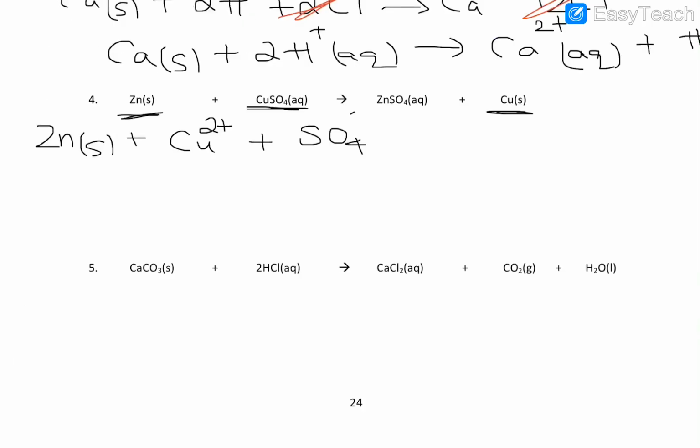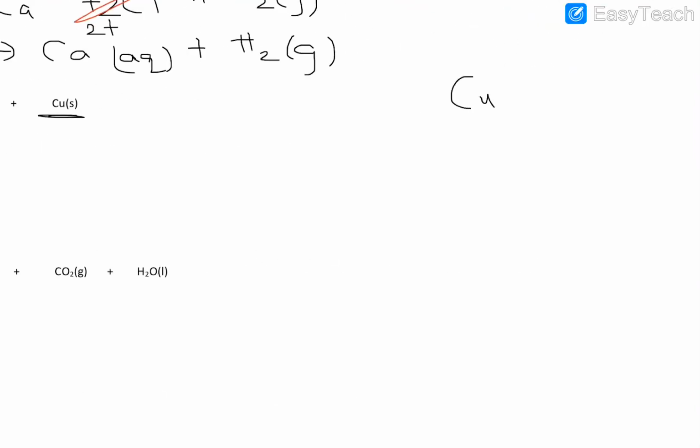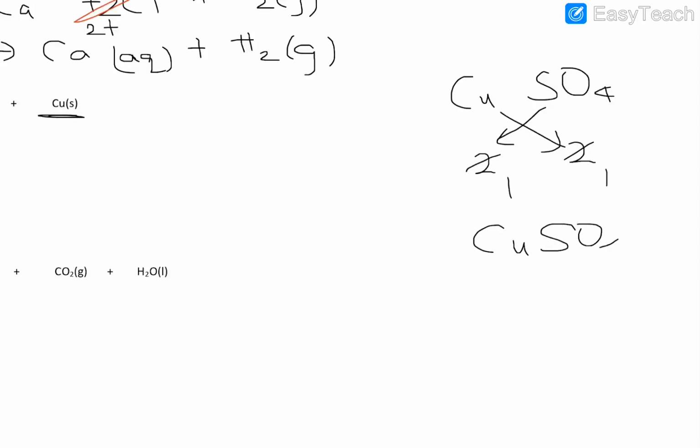Okay, so SO4 2 minus, and when you look at CuSO4, when we're forming that compound, copper has valency 2, SO4 has valency 2. Cross multiply, you end up with CuSO4. So this confirms that this has valency 2.